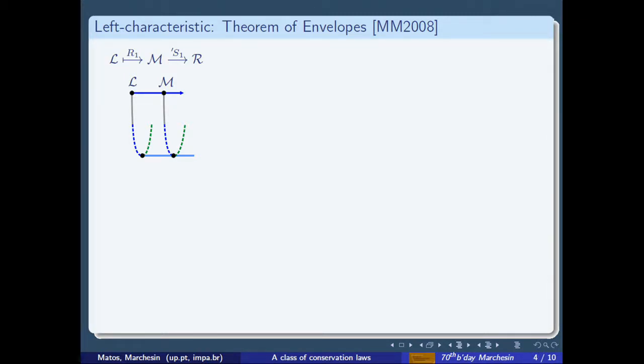And our theorem tells us that if we move the point L to M over a rarefaction, all these points here that form the composite curve are the envelope of the Hugoniot curves.